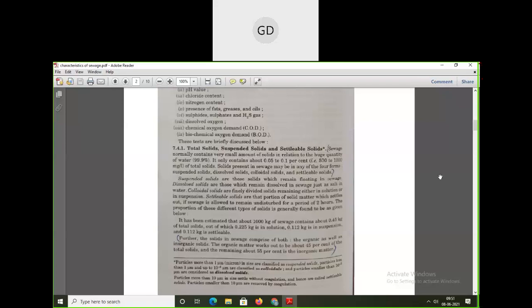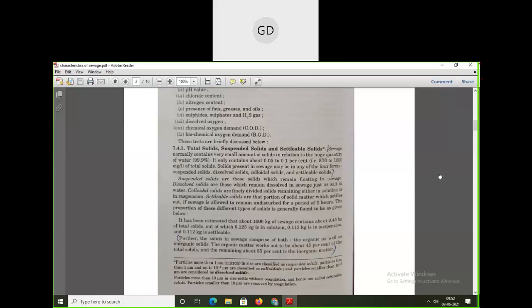The second one is pH value, then chloride content, nitrogen content, presence of fats, greases and oils, sulfides, sulfates and H2S gas, dissolved oxygen, then COD and BOD, that is chemical oxygen demand and biochemical oxygen demand. So these nine are the chemical characteristics of sewage. Let us discuss one by one.